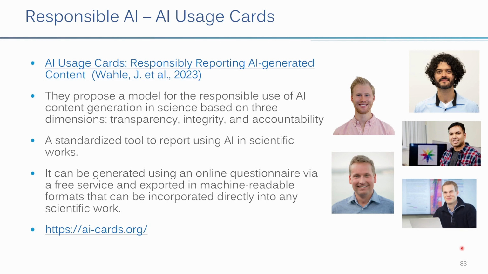Not only that, by providing this machine-readable format, we also provide the source code of the questionnaire and the actual card in LaTeX format. So if you have specific needs, you can take that card, adapt it to whatever need you have, and then you will be able to better describe the AI usage in your work.